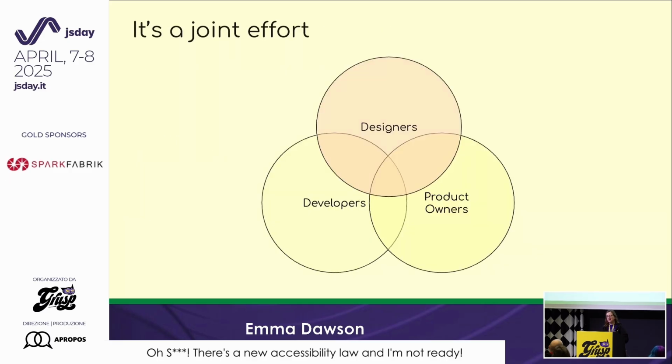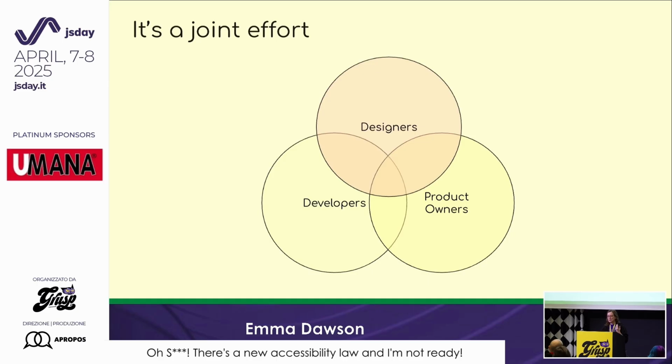And before I go any further, I know most of you in the room are probably developers, but it is a joint effort. It's not all down to you. Like if a designer gives you an inaccessible design with really bad color contrast, there's nothing you can do that's going to make that more accessible apart from go back to the designer and ask them to redo it.